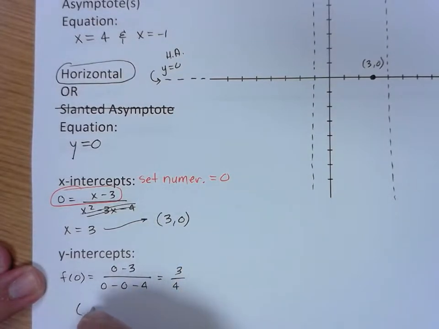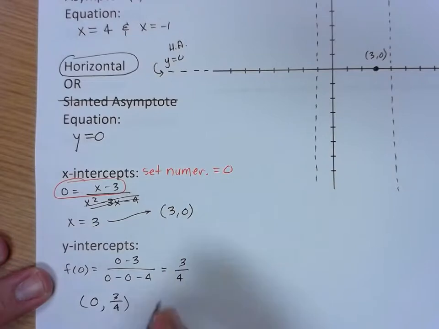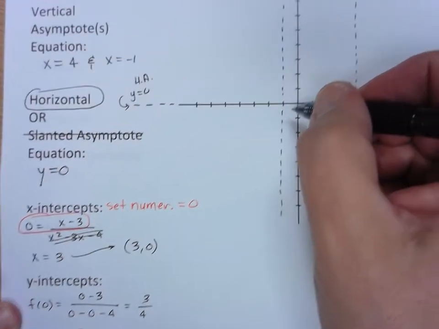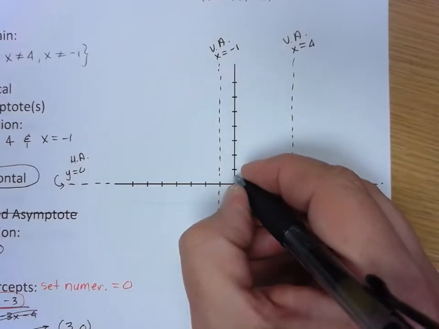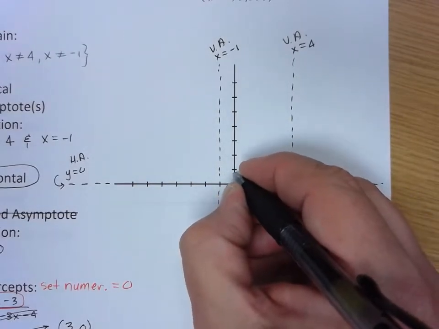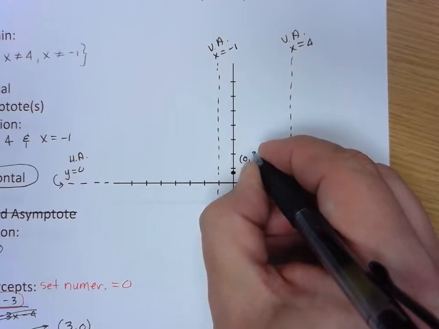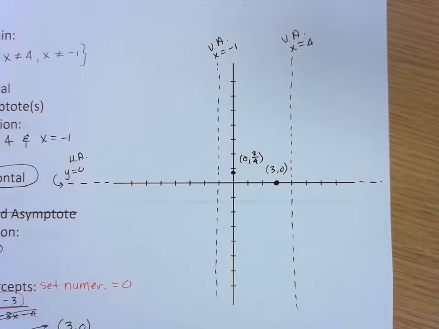So the y-intercept is going to be at the point (0, 3/4), or about 0.75. Well, no, that's exactly 0.75. So that means you're going to cross the y-axis at about, let's see, that's about a half, so 3/4 would be about right there. So I'll say that's the point (0, 3/4) for my y-intercept.